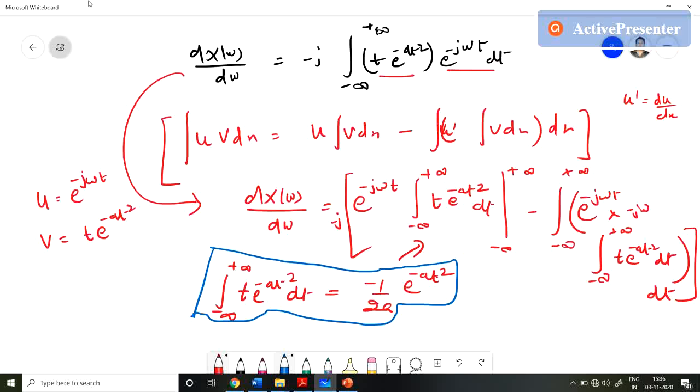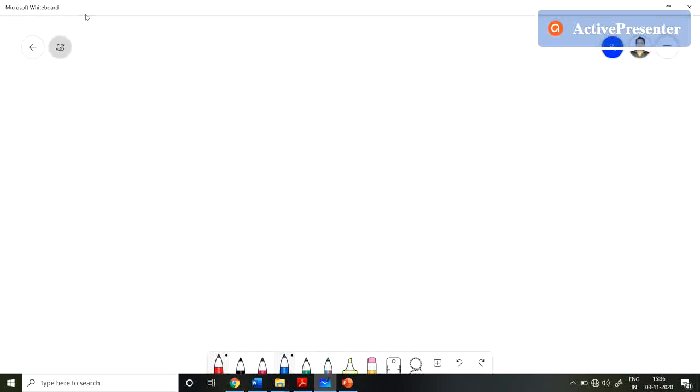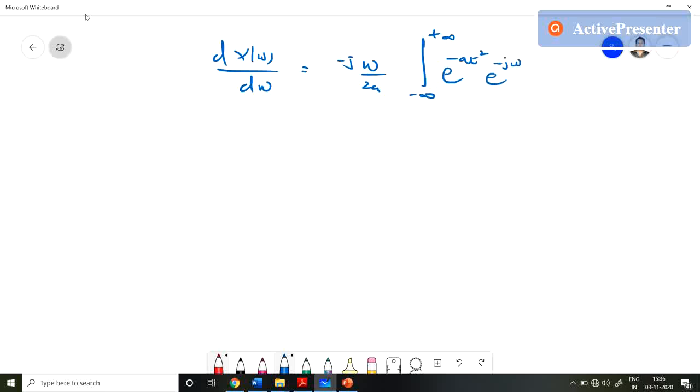We will get the final value of dX(omega) divided by d omega as minus j omega divided by 2a times the integral from minus infinity to plus infinity of e raised to the power minus a t square e raised to the power minus j omega t dt, and that is nothing but equal to, if we carefully see, dX(omega) divided by d omega equals minus j omega divided by 2a times X(omega).